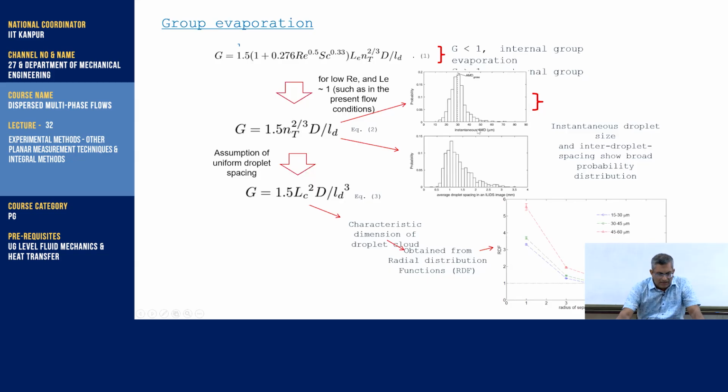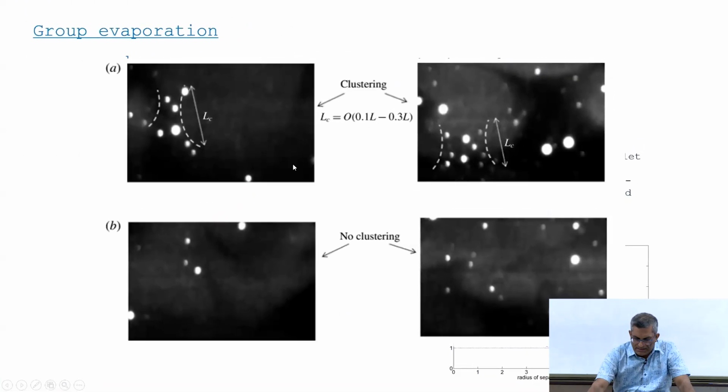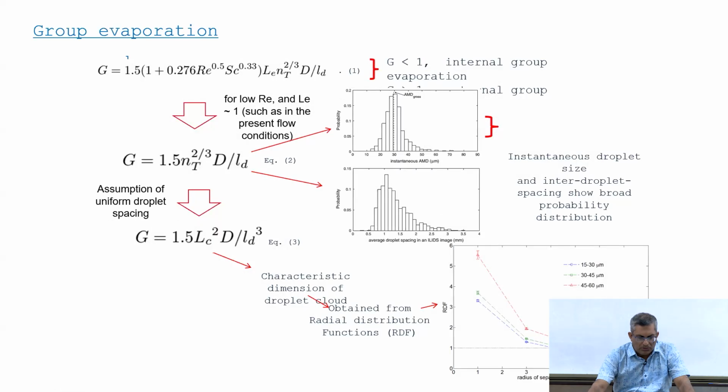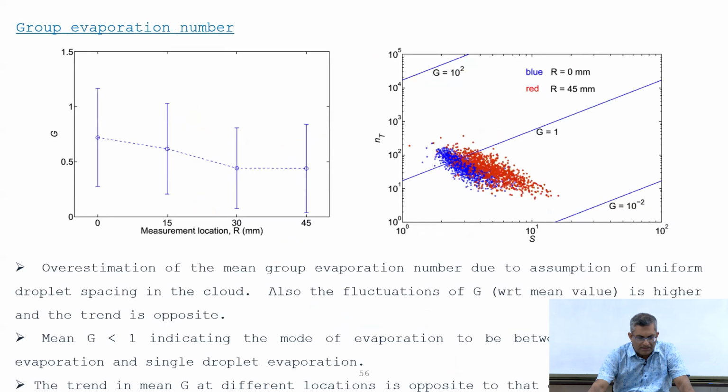And this can also be calculated. So here you can see some clusters which are qualitatively shown, but this agrees well with the size of the clusters which is calculated using the radial distribution function. I am not going into detail on that, we will see that later. And here finally the group number is shown, and you see that the group number is between 0.5 to 1 or so.